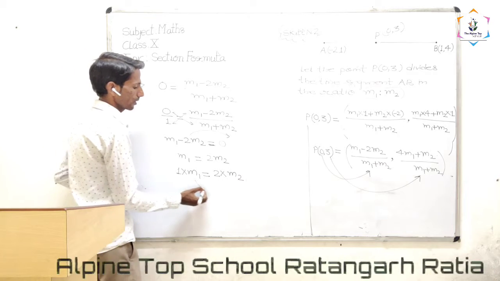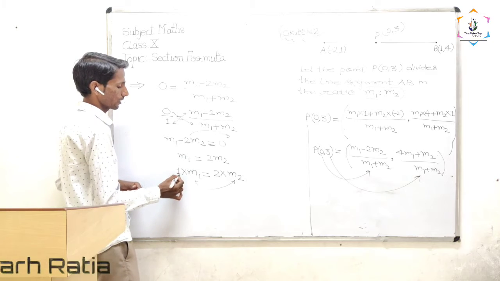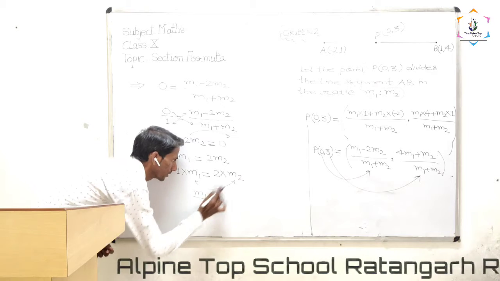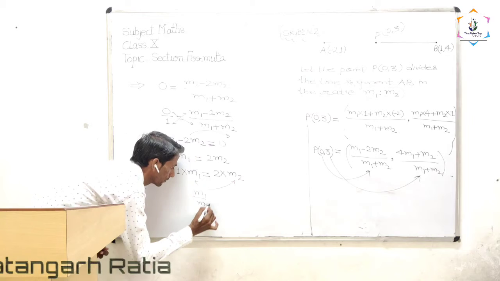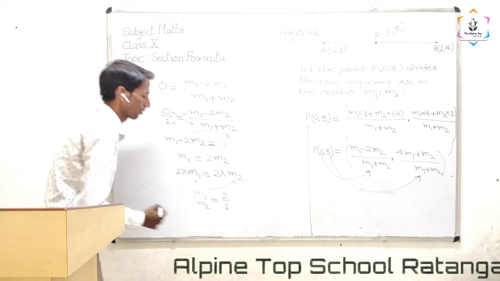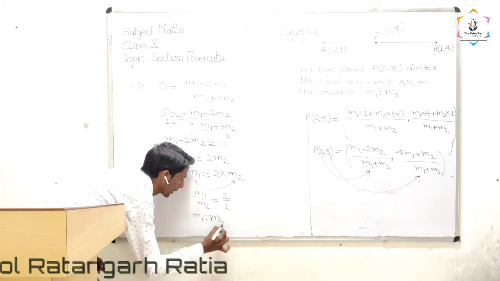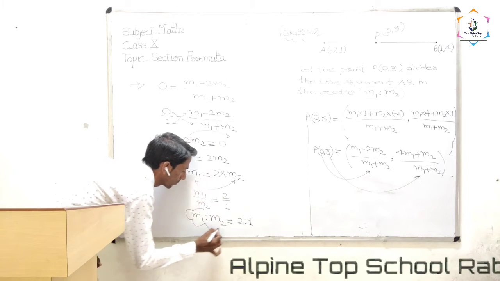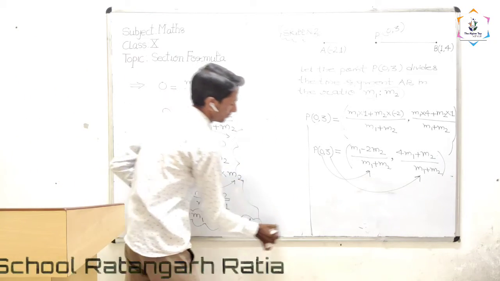Combining the similar terms, m1 and m2, on one side in the form of a ratio, because you have to find the ratio: when you shift m2 to the left it goes in division form, and when you transfer 1 from left to right it goes in division form too. So m1 : m2 equals 2 : 1.